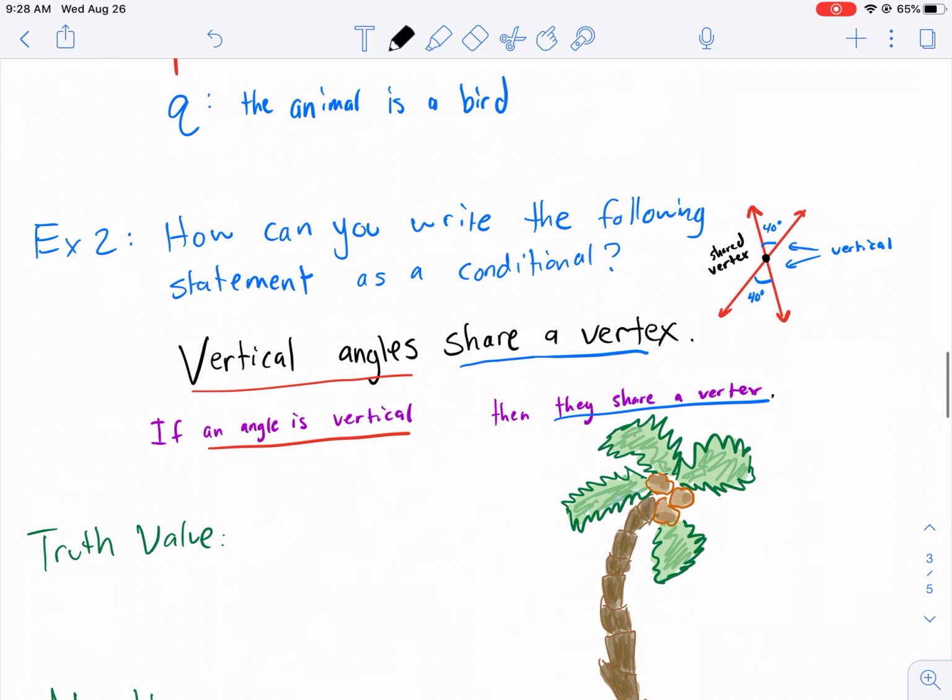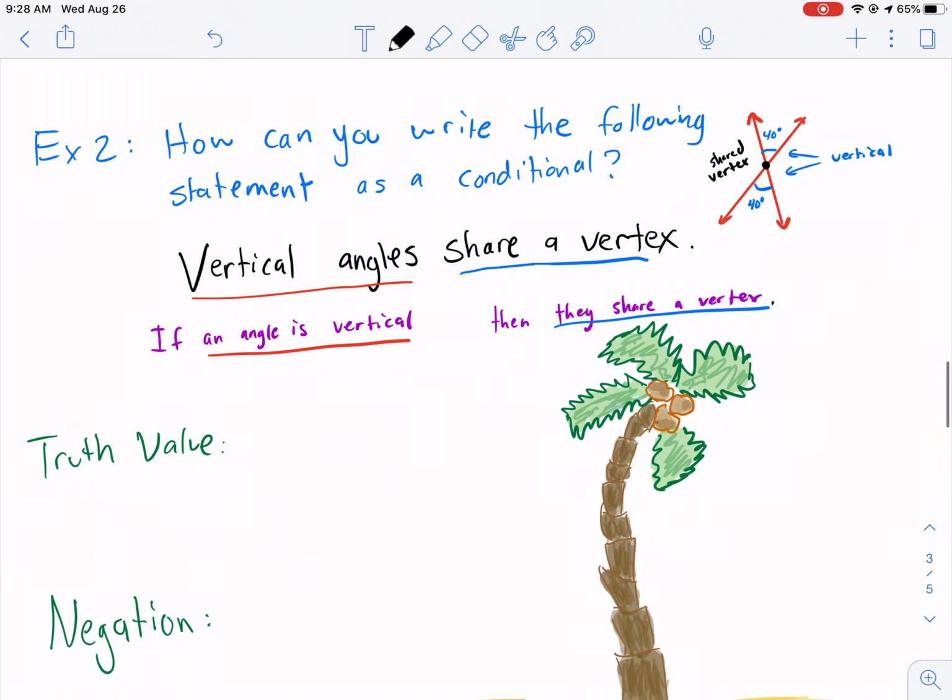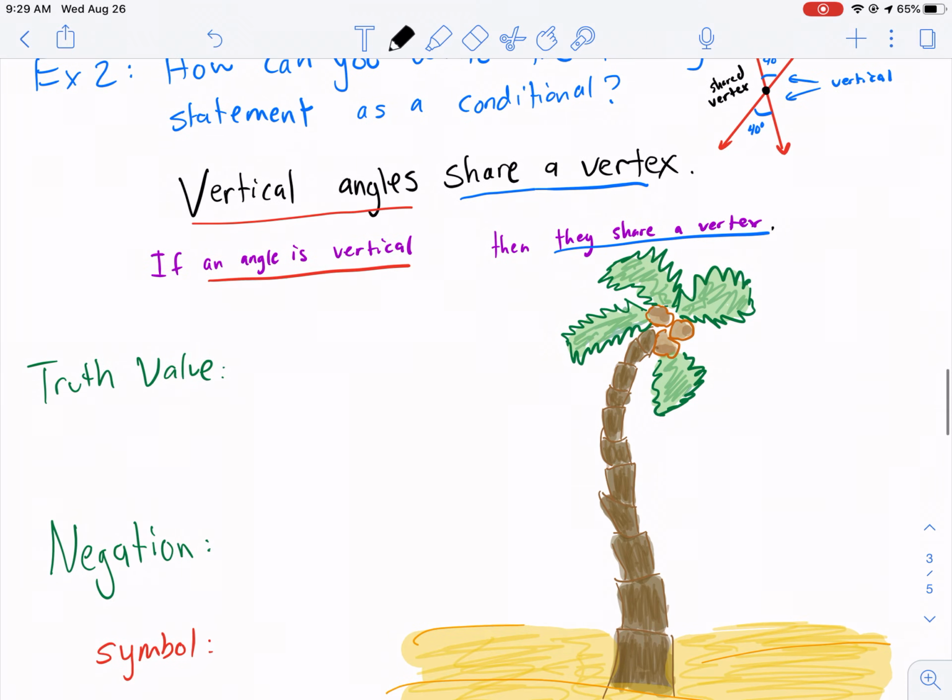Now, sometimes hypotheses are not true. For example, if I am in Alaska, then I am in Russia. That is not a true statement, and I can talk about that in just a second. But the truth value of that statement is false. So a truth value is either true or false.